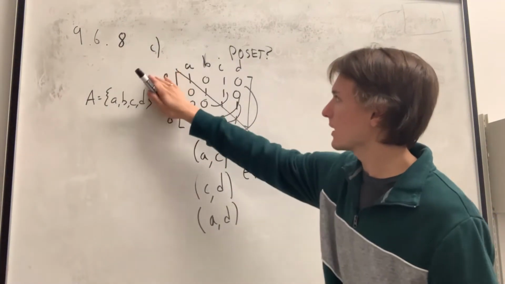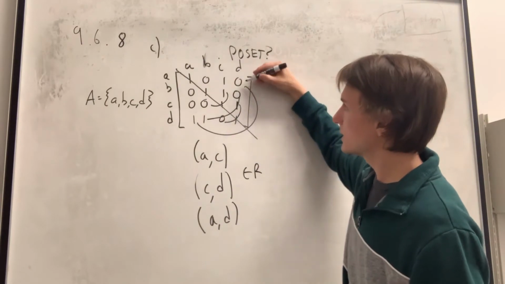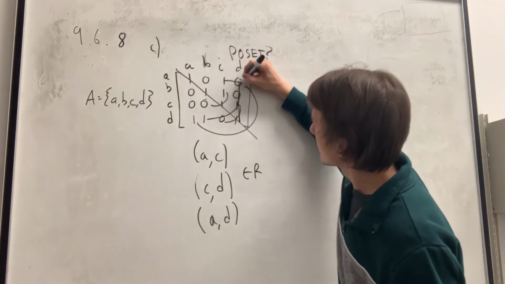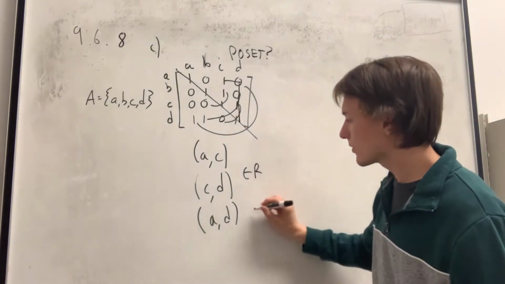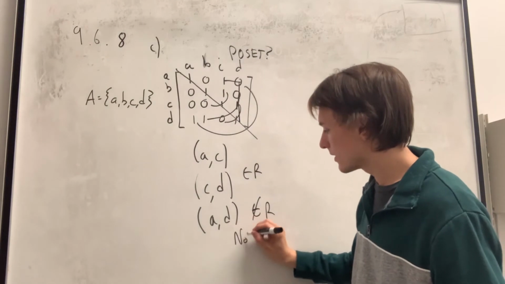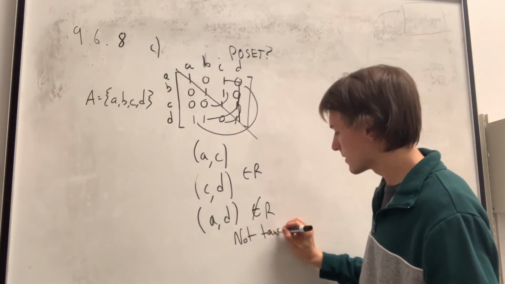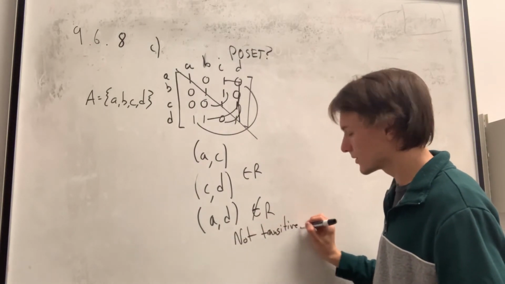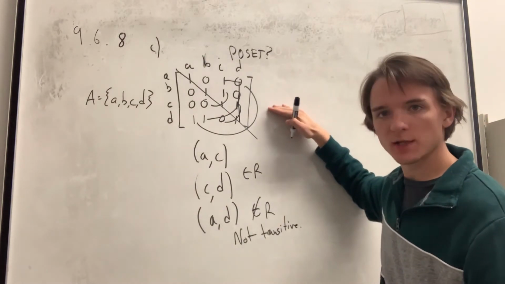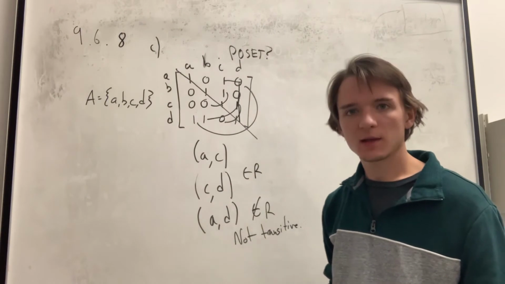Well, let's go down A across D, and we see that we have a 0 here. So at the intersection, we have a 0. So no, it is not within the relationship. It is not transitive. So therefore, the relation represented by this matrix is not a partial order.